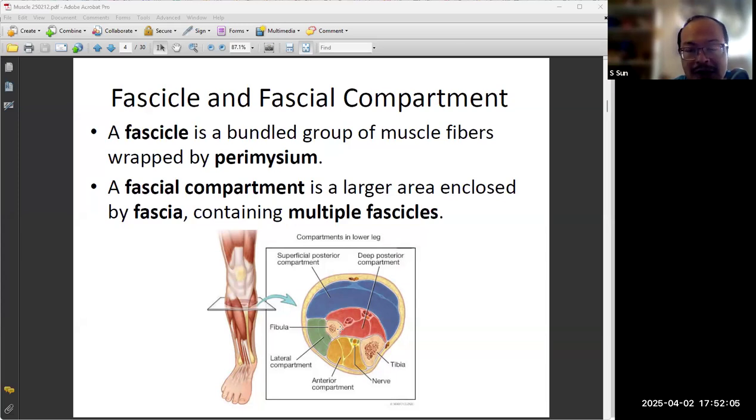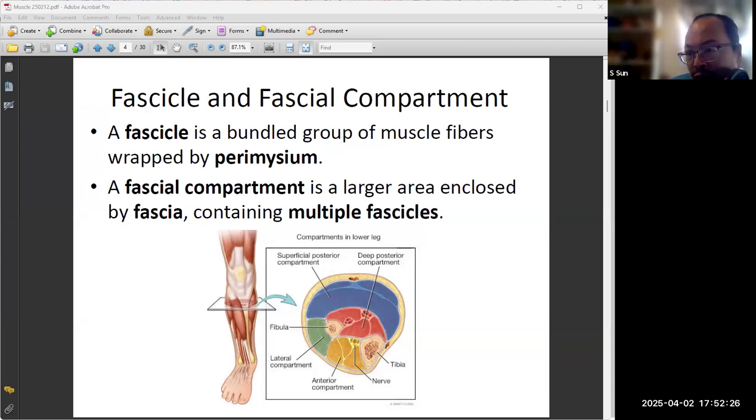Now your package is much bigger. You need a double membrane, and so this additional membrane to wrap around multiple fascicles together is called fascia. Sometimes we also call it deep fascia because it's deep into the muscle.